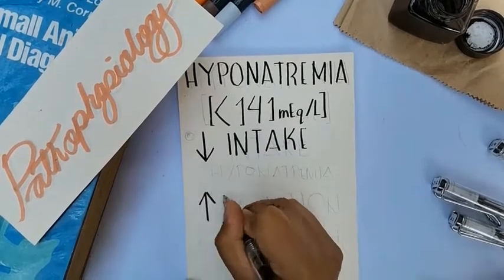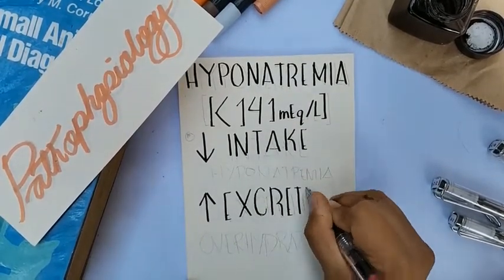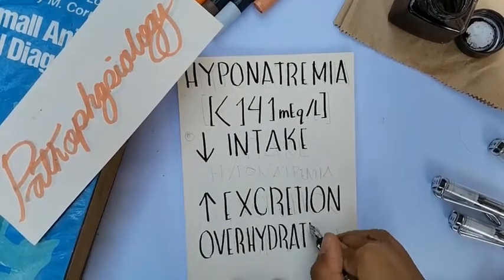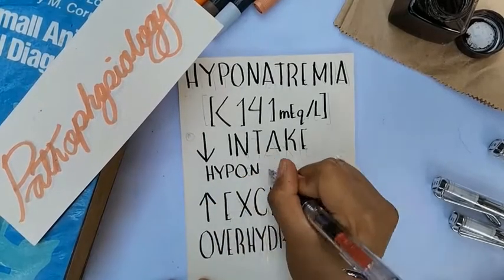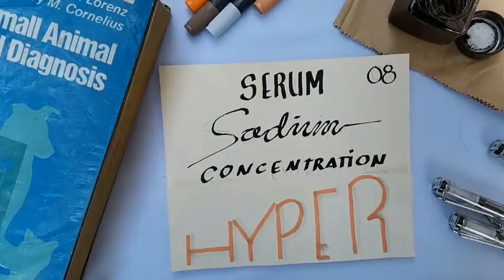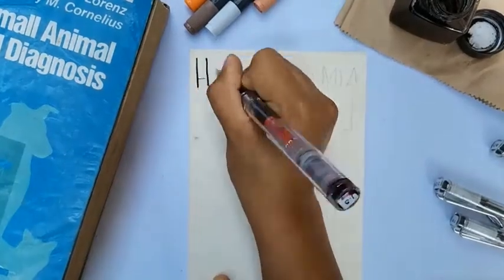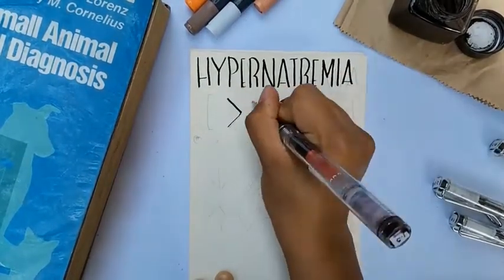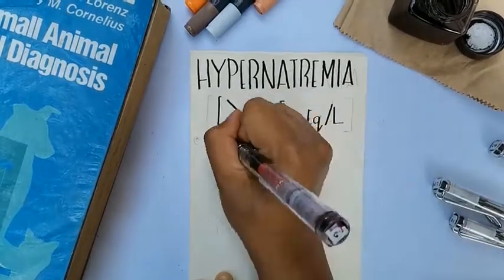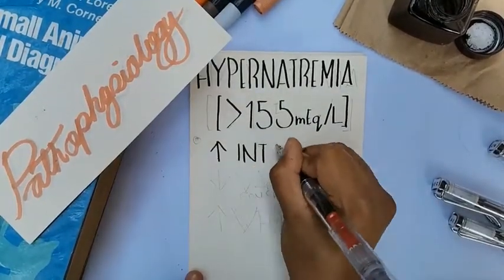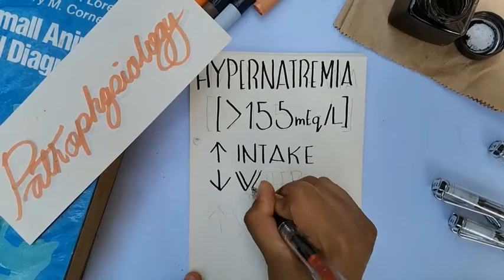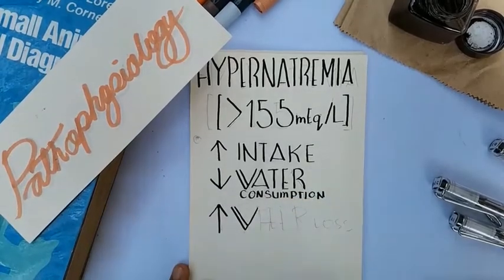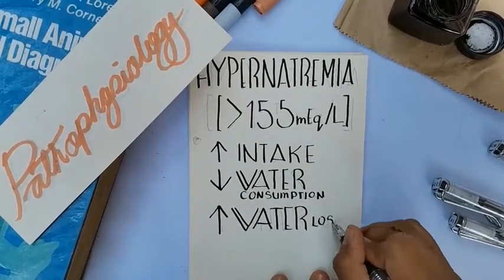Its pathophysiology is decrease in intake, increased excretion, and overhydration. Decreased intake alone cannot cause hyponatremia. Hypernatremia is serum concentration above 155 milliequivalents per liter. Its pathophysiology is increased intake, decreased water consumption, and increased water loss.